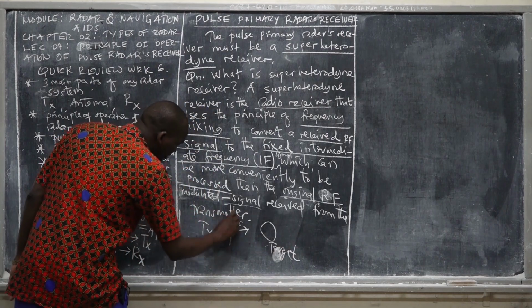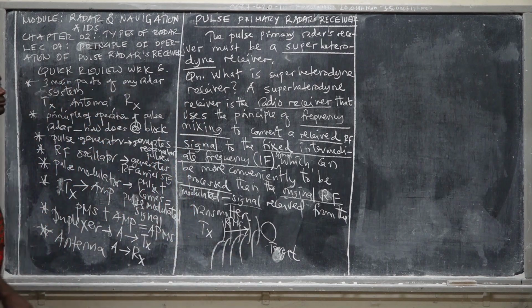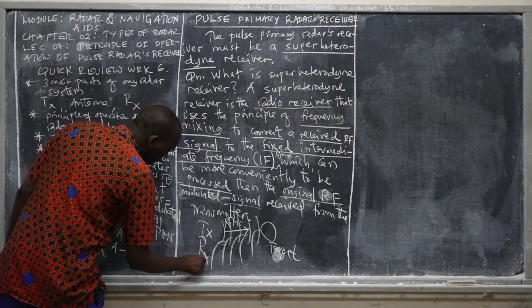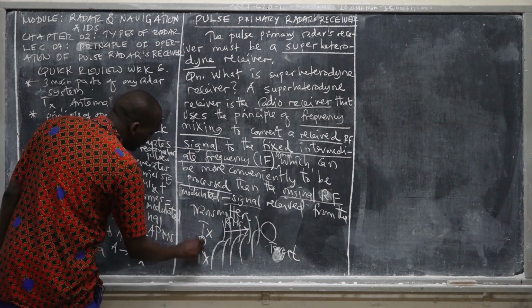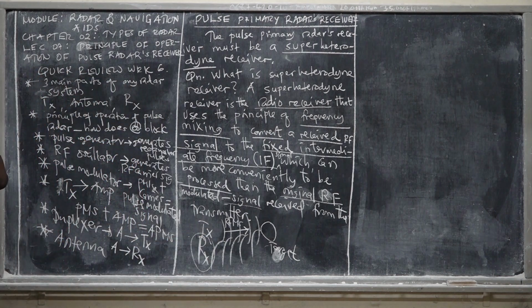Remember that this is just electromagnetic waves. The target gives us the echo, and then the same antenna will receive the signal. But remember that this receiver must have the structure for converting the RF signal into an intermediate frequency, or IF signal, for processing. Are we together?